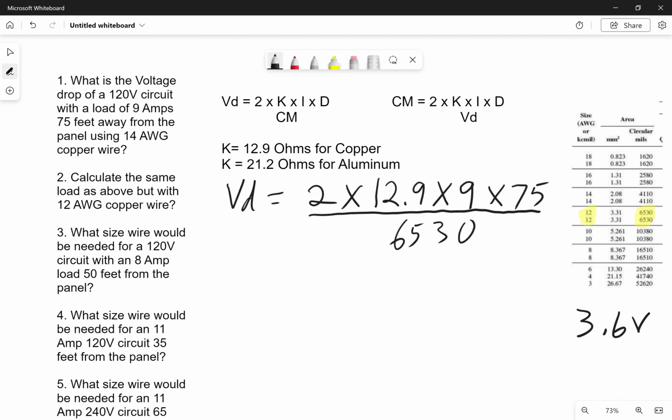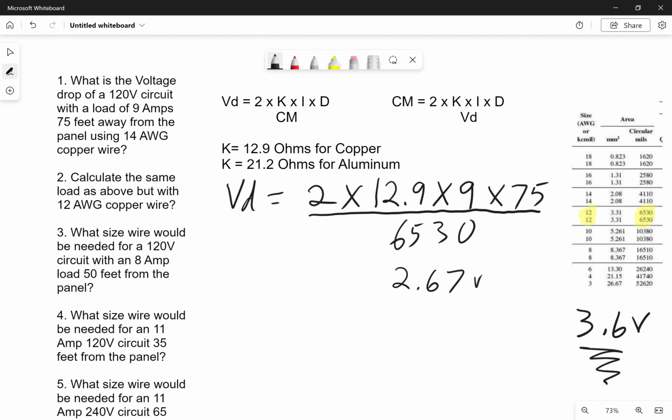That should sound familiar because that's what we got the last time. And then we're going to divide it this time by 6,530 to get 2.67 volts. And so that's quite a big change from our last one. That puts us underneath the 3.6 volts that we are allowed.